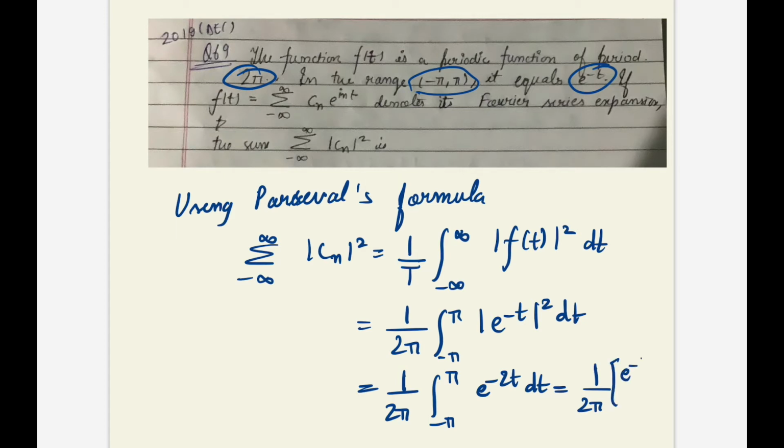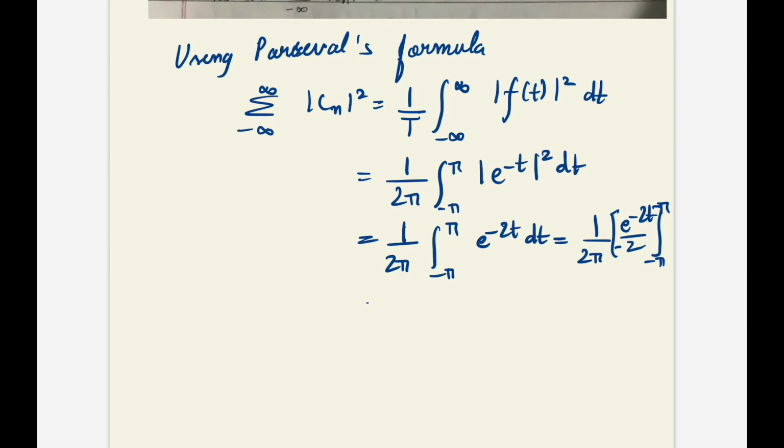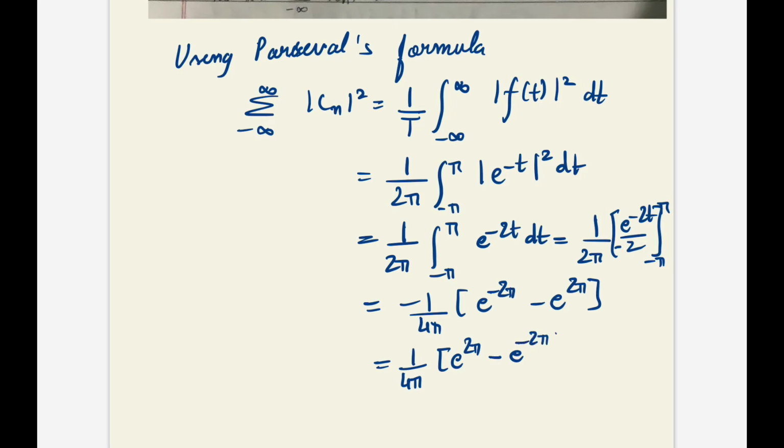It will come out to be, minus pi to pi. This becomes minus 1 upon 4 pi e to the power minus 2 pi minus e to the power 2 pi, 1 over 4 pi e to the power 2 pi minus e to the power minus 2 pi, and then this becomes 1 over 2 pi.